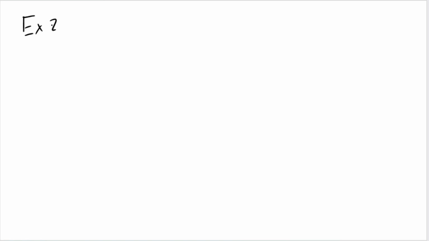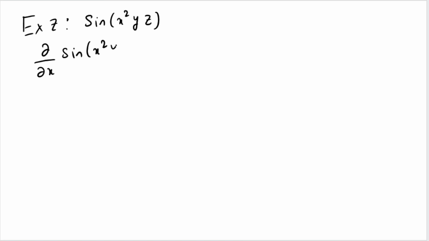I want to take the derivative of sine x square yz with respect to z, partial derivative. Therefore, ∂/∂z of sine of x square yz is equal to cos x square yz times the derivative of the function that is inside here.